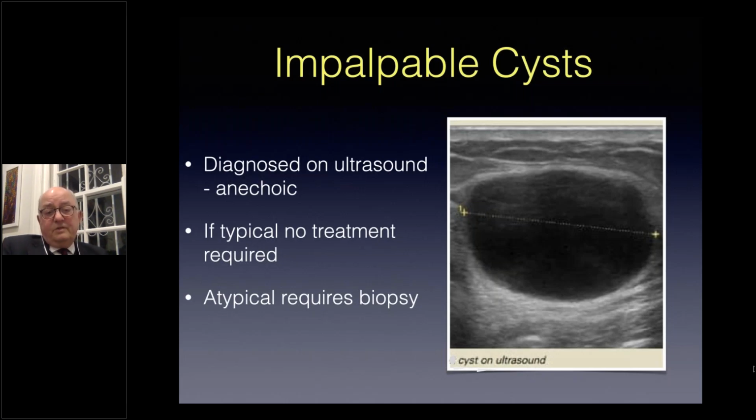Atypical cysts pose a different problem. And the problem you probably find in general practice is that you see reports which say atypical cyst. And amongst atypical cysts, obviously there's the question of whether or not any of these are not cysts and are breast cancer.